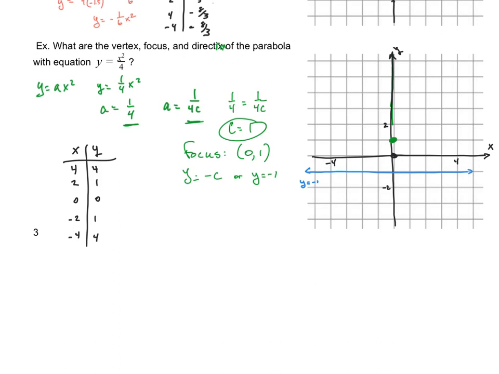Okay, so I'm able to plot some points by doing some substitution with my original equation. I plotted in some x values and gotten out some corresponding y values.